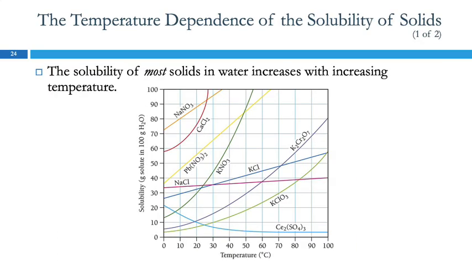So we can make a supersaturated solution because the solubility of most solids in water increases with temperature. Here we have the solubility of these salts, and it's measured as the grams of the solute. How many grams will dissolve in 100 grams of water? And then we see the temperature range from 0 to 100 degrees. And we see that as you increase the temperature, most of these lines curve up, right?